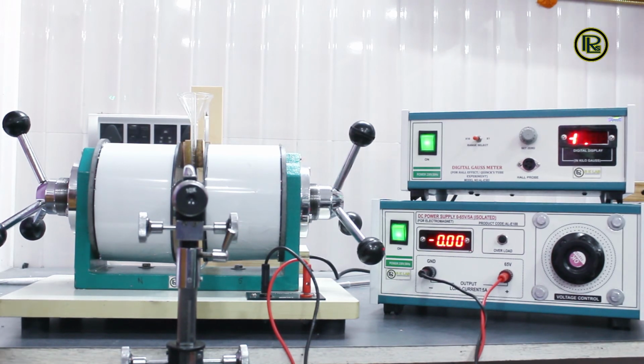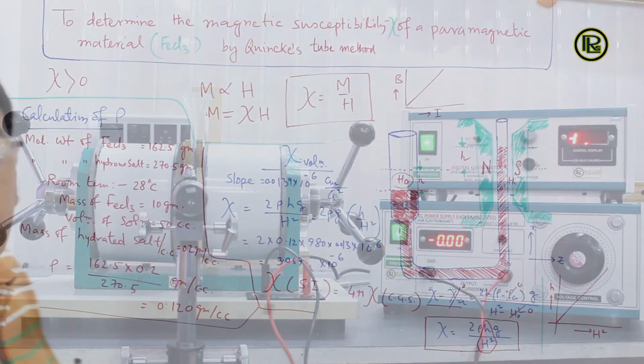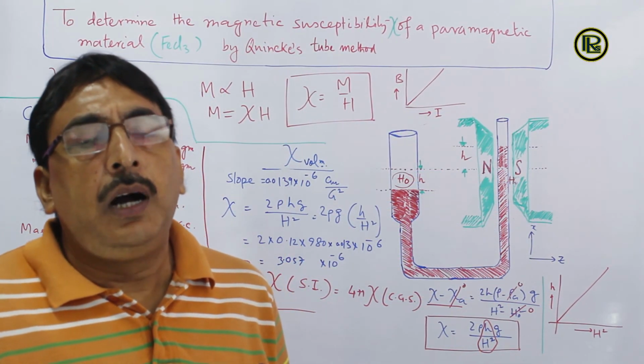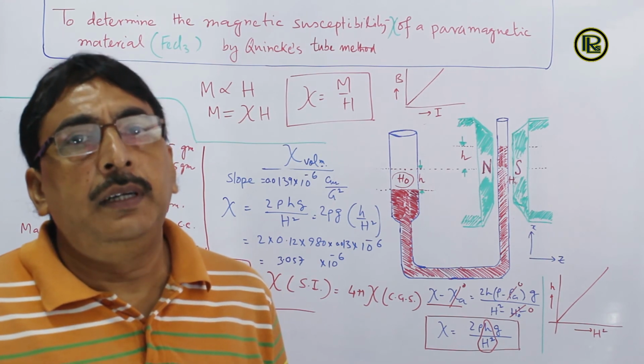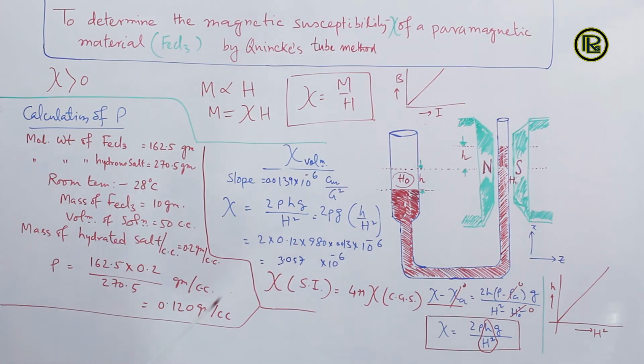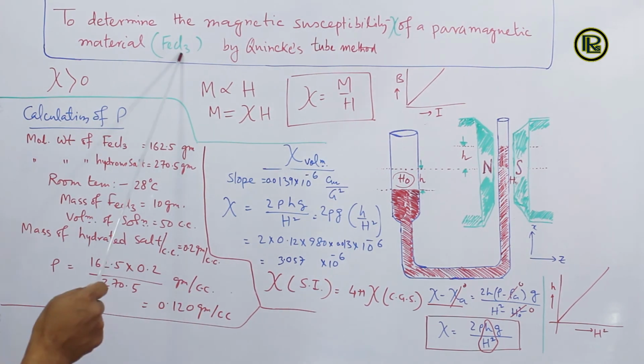So let's go back to the board once again. Now I am going to show you how to calculate the density of the solution. So we have taken ferric chloride.